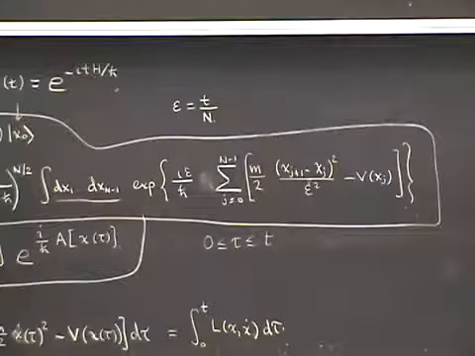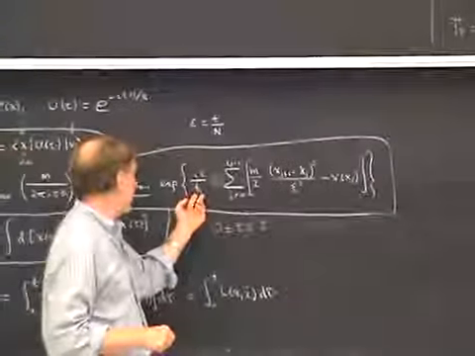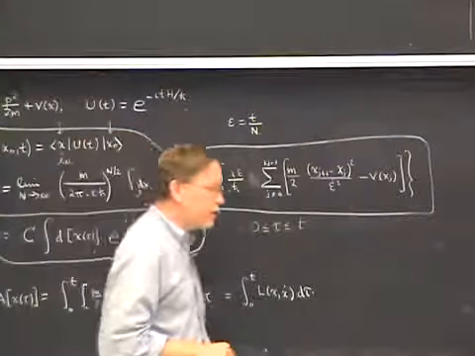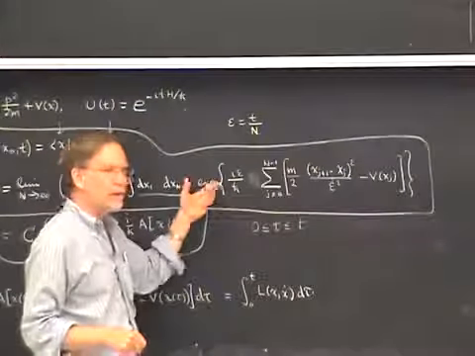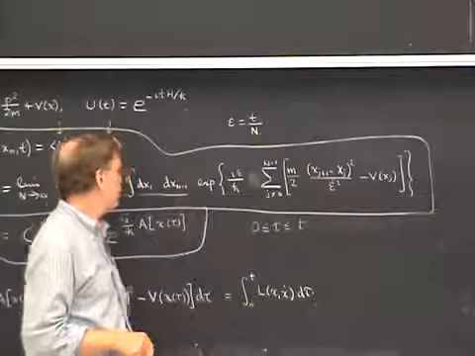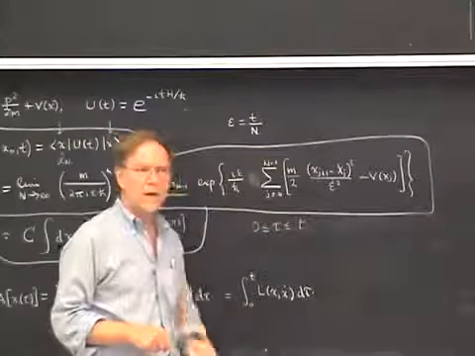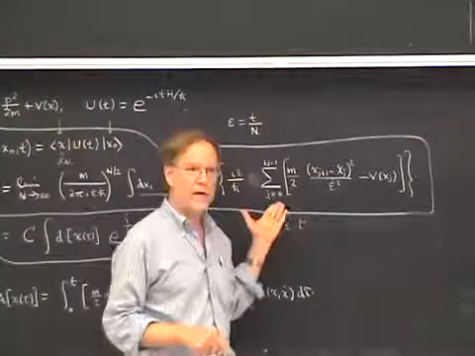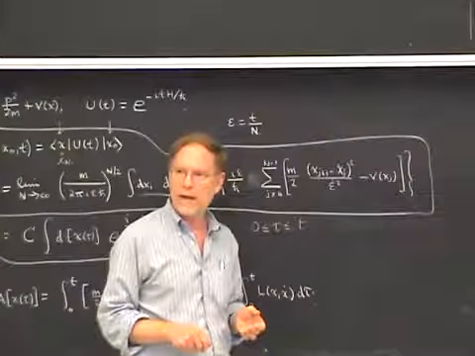So h bar is close to 0. It means that typical paths in path space interfere destructively with their neighbors which are nearby because of the rapid oscillations. The exception to that, however, is paths in path space for which the action is stationary, because then nearby paths in path space are nearly in phase with the given path.